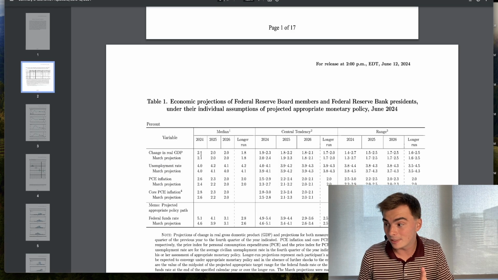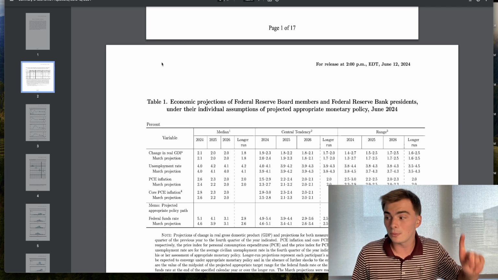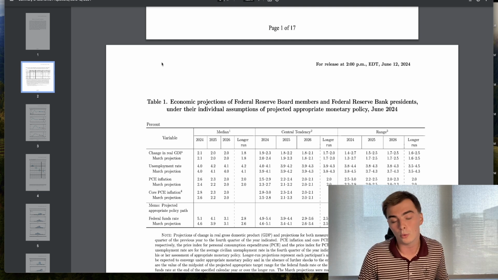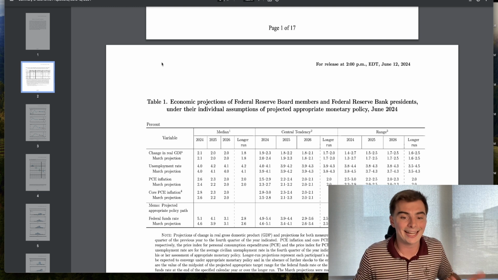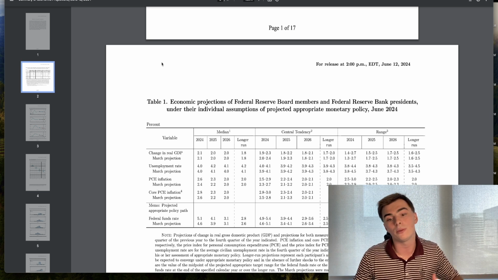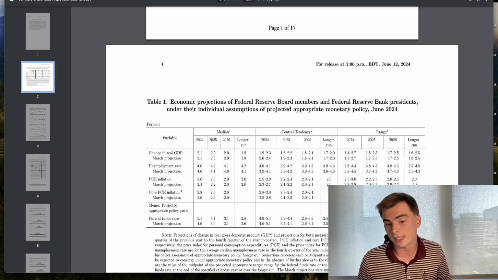Now, what happens if GDP comes in lower? Slower growth is going to spark some more recession fears. Again, the technical definition of a recession is two declining quarters of GDP consecutively. We haven't gotten there yet. We haven't even seen one. But the market is acting with all of the other data points, inflation coming down, unemployment going up, and the revisions that we've seen in the labor market, that there are some recessionary pressures looming over the market.